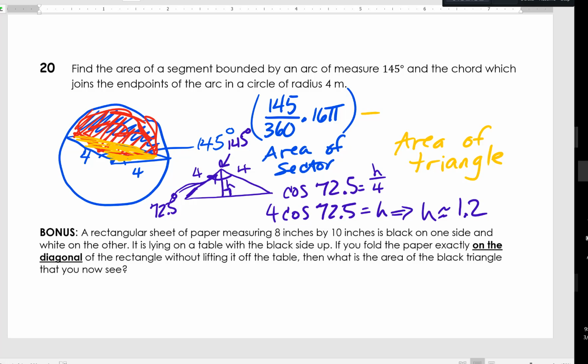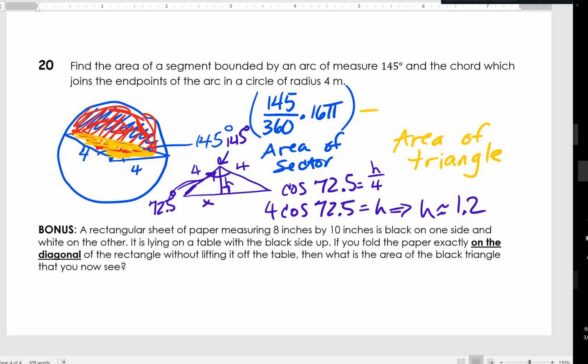And so the base of the triangle, we can use sine to find out what that is. All right, so sine 72.5 is going to equal x over 4. So 4 sine 72.5 is going to be x.